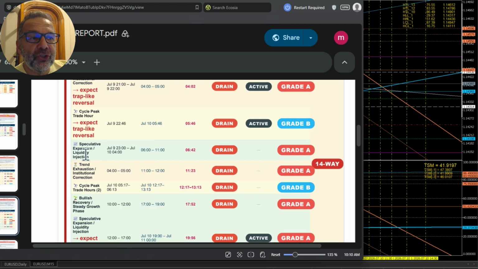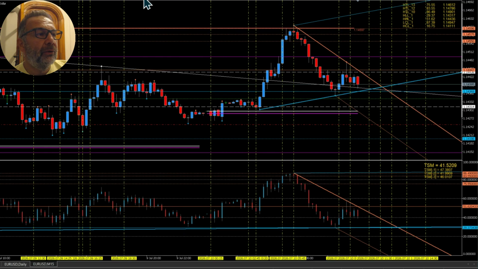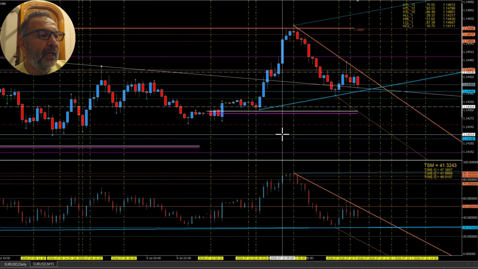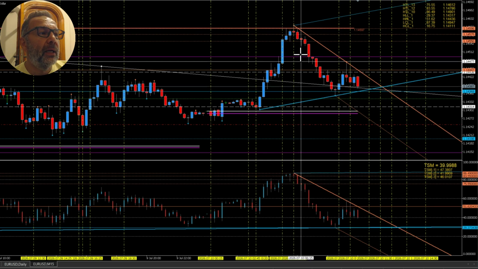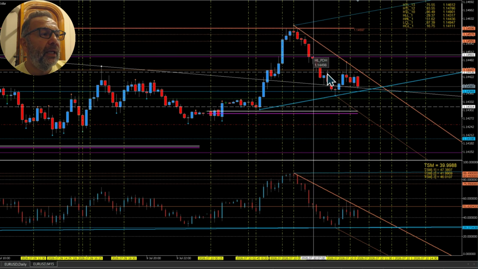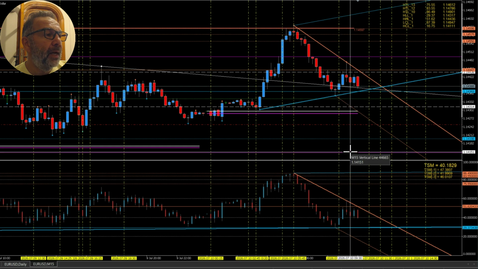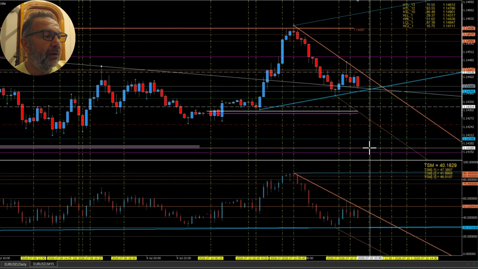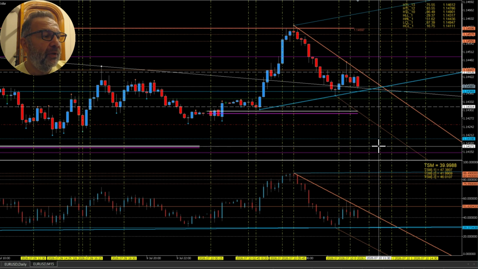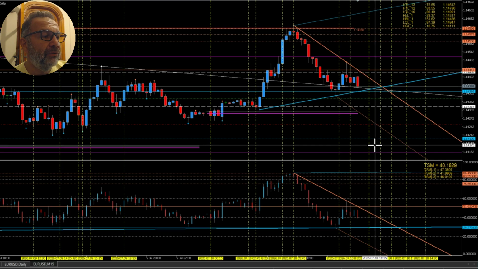Speculative expansion, liquidity injection from 6 to 11. Look at that. 6 o'clock is right there. Market starts to pull down into, it's 10 past 10 now, into 11 o'clock. 10:45. This is your 11:30, so 11's around there.